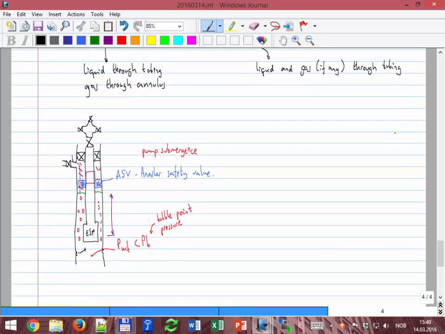That is, you have the ESP and you have your annular packer as the barrier that you want. And then the fluid has no choice, everything has to pass through the ESP. The fluid that comes here has no choice and has to pass through the ESP.